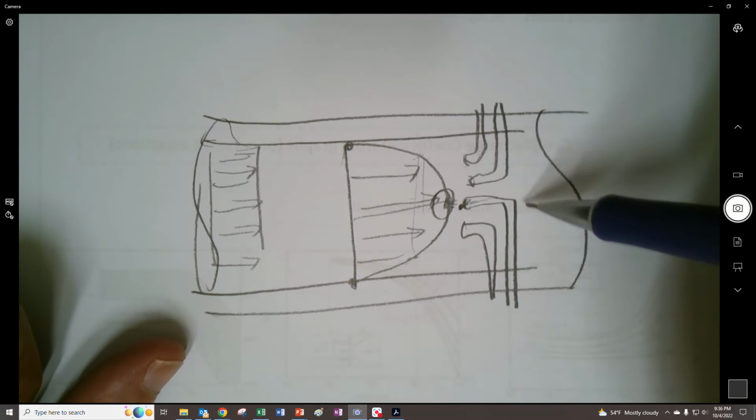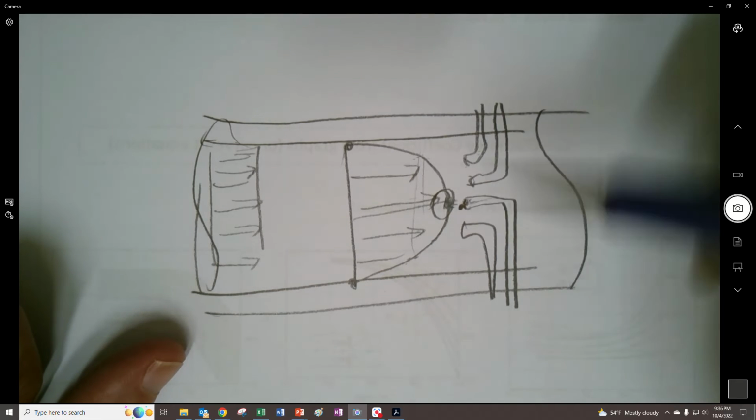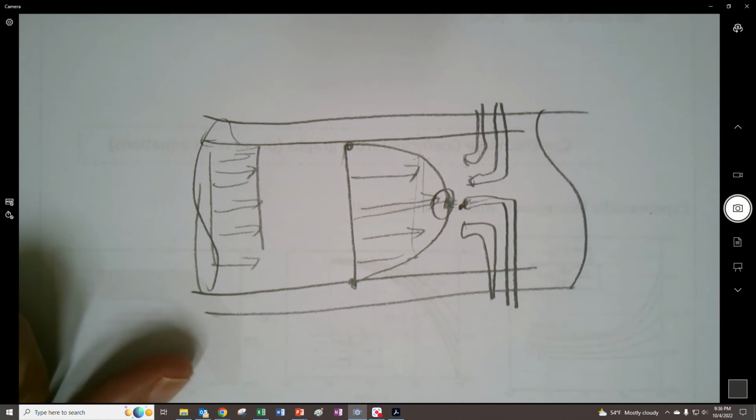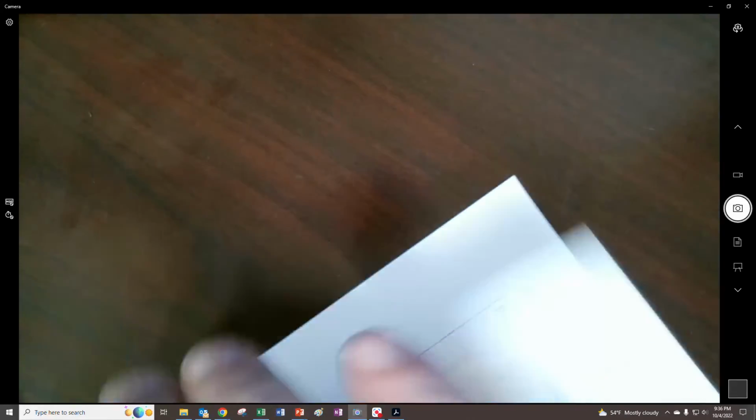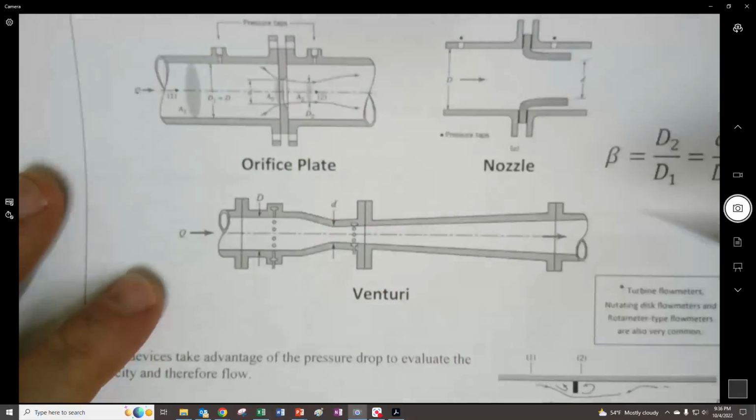But the big weakness is that we're only getting the velocity at whatever location we have that pitot tube, whereas these other flow meters are designed, in conjunction with these calibration curves that they set up, to account for the distribution of that flow across the pipe section. So that would be the answer to that second part.